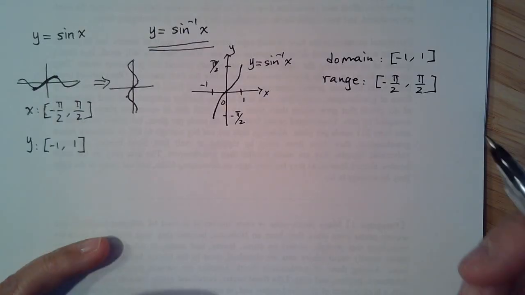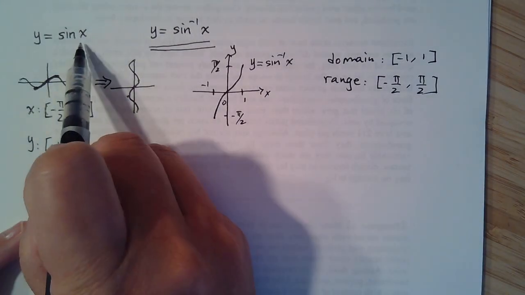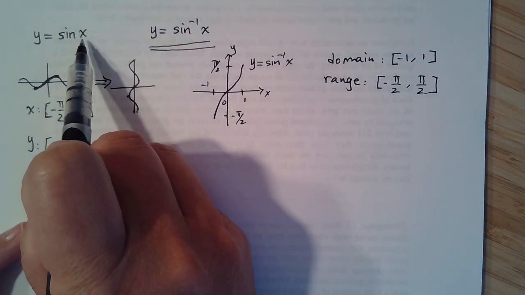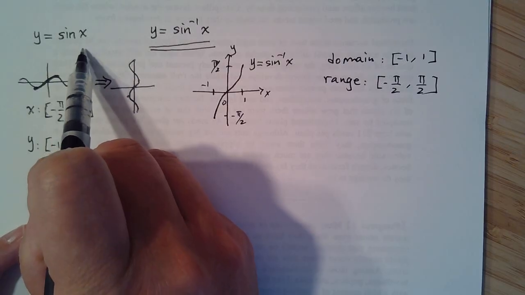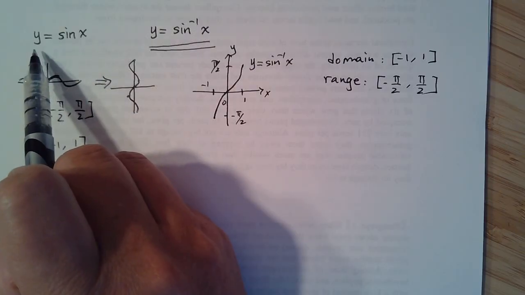All right, now we just flipped it. Something I want you to keep in mind is the difference between these two. This is an angle. You can put 90 degrees, 100 degrees, 0 degrees, or pi/4, and then you take the sine of it. We call this a function value.